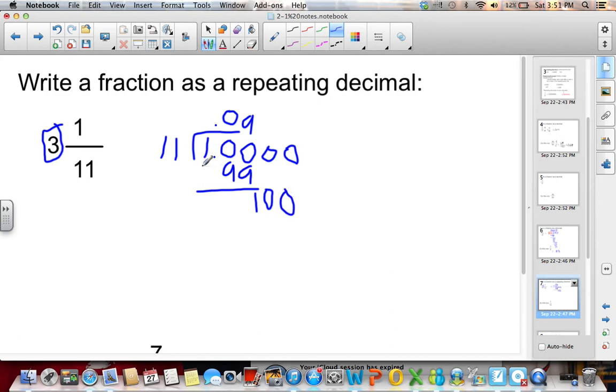pull it down. 11 goes into 100, so I'm going to, first of all, extend my line. And I have 0, 9. 9 times 11 is 99. So here we're seeing that we have a pattern, and this is going to go on forever and ever and ever.